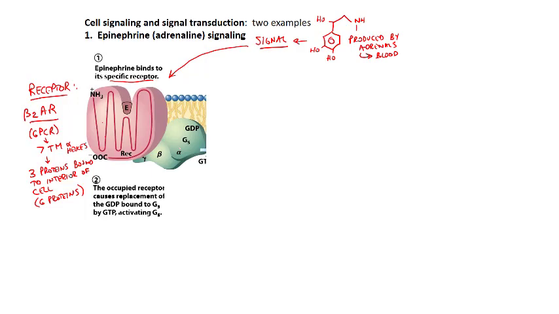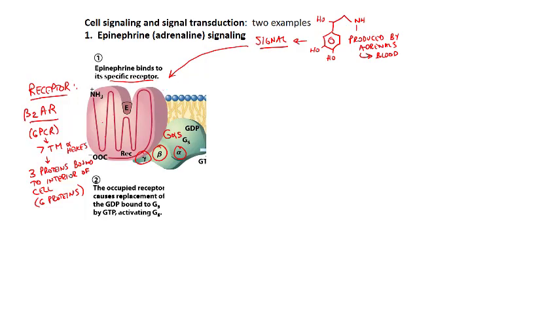And so we've got alpha, beta, and gamma G proteins. The important one for our purposes is the alpha protein, which we're going to call G alpha. And there's different types of G alpha proteins, but the one that's involved in epinephrine signaling is called G alpha S.